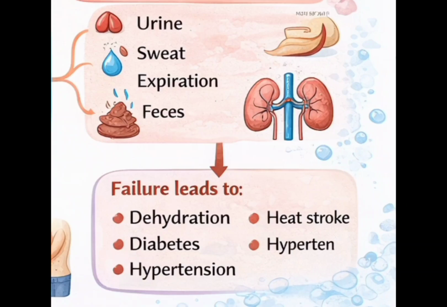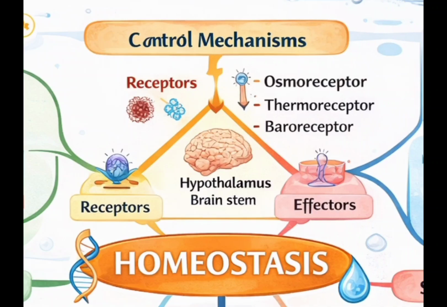That is controlled by the regulatory mechanisms, through the receptors. We have already discussed those: the osmoreceptors, thermoreceptors, and baroreceptors, by which the body can maintain the temperature, pressure, pH level, and water content in our body. If such things happen to our body, because of water loss, to maintain the pH balance, if the blood pressure is rising or falling, then the receptors work, and we have already discussed the mechanism of the receptors.